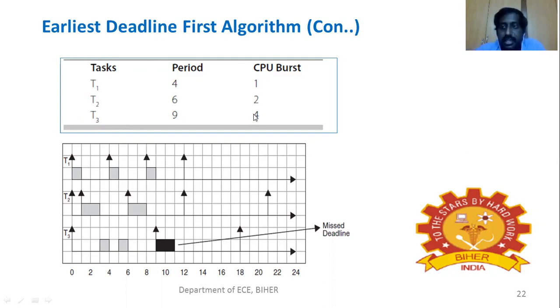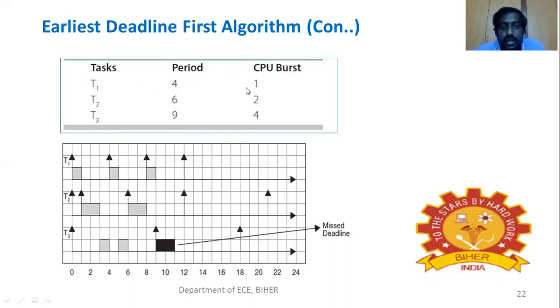This is the condition. And the task with minimum time period is executed first. Comparing these 3 tasks, the time period 4 is the least, so the least one is T1. So T1 is executed first, T2 second, T3 third.